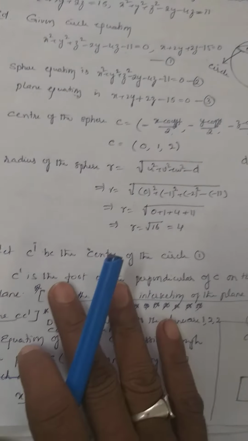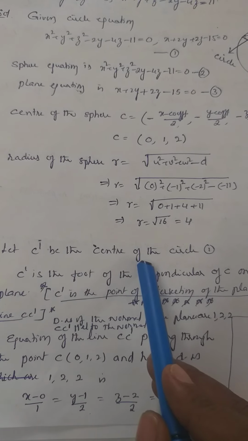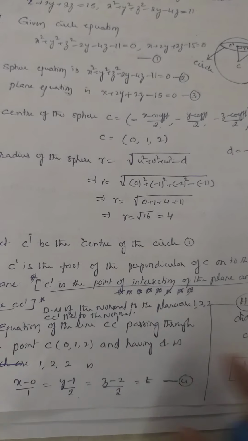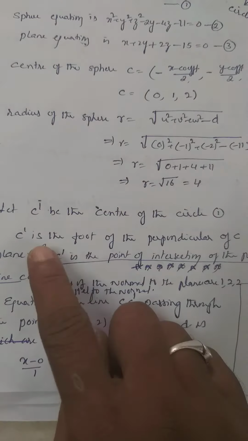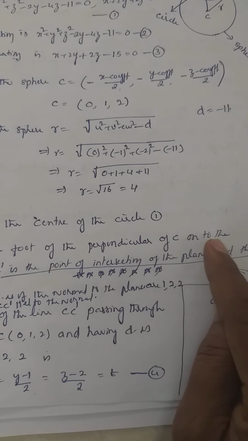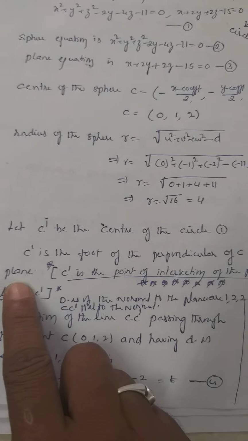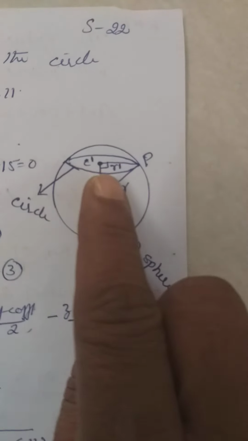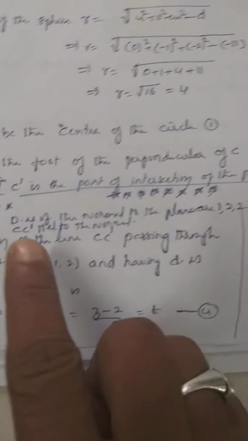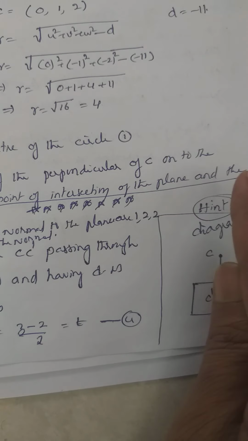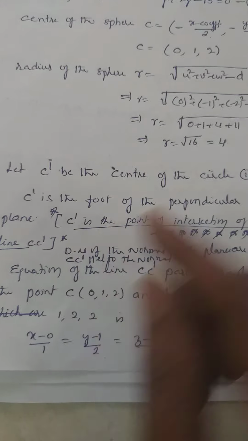Now let C dash be the center of the circle. This is the given circle, no, right? We need to find the center of the circle. Here C dash is the foot of the perpendicular from C onto the plane. We showed in the diagram earlier that this is the foot of the perpendicular from C, right? The perpendicular symbol is also there. Now here C dash is the point of intersection of the plane and the line CC dash.